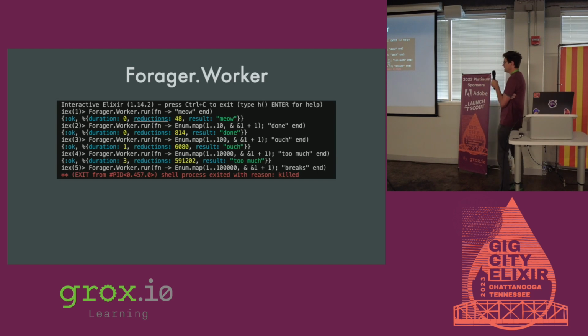In this instance, if it goes over 1 million reductions, I'm killing the process. So you can see it right there returns a result and shows us exactly how much work the VM has basically reported back. The duration's in milliseconds.